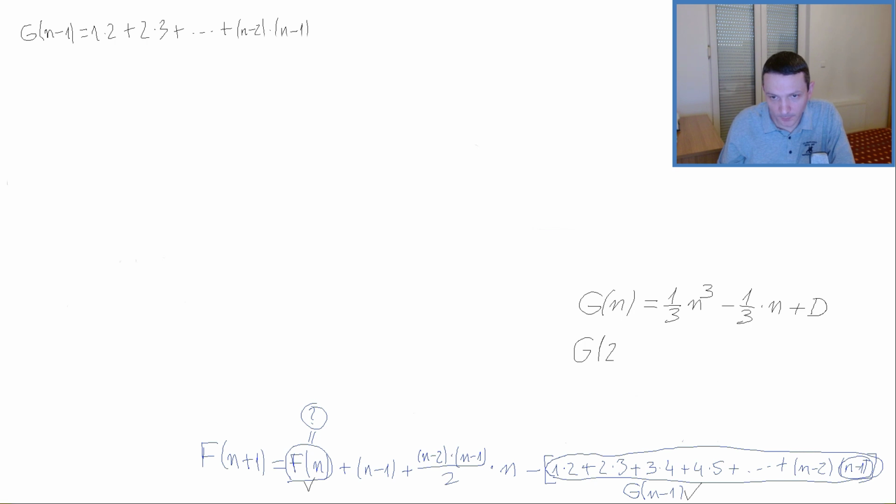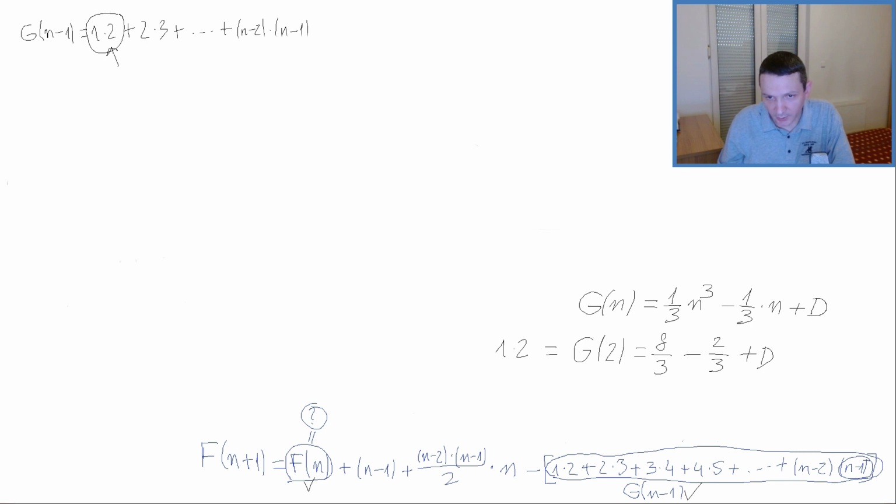g of 2 is actually 1 times 2. If we have only this first term in our sum, this is actually g of 2. And by this formula, this is 2 cubed, which is 8/3, minus 2/3 plus d.